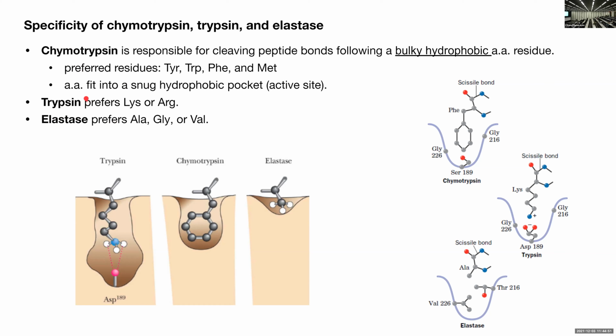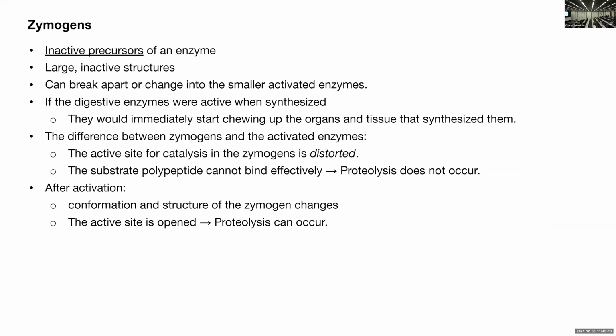And they have a preference for their substrates. You should understand what kind of features confer this preference, like is it rather charged or the shape of the cleft or things like that. And we already talked about that, right? And we also talked about the zymogens, what they are, as well as how they are processed for activation and so on.